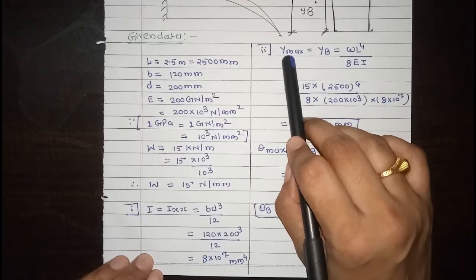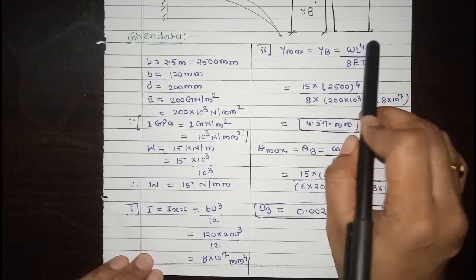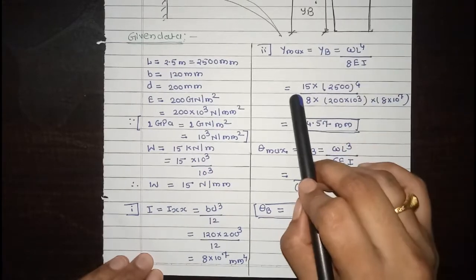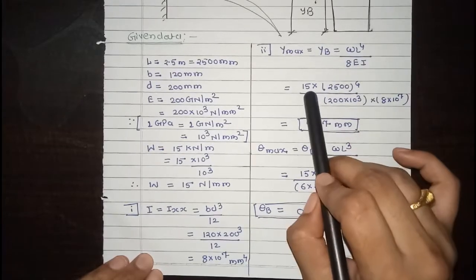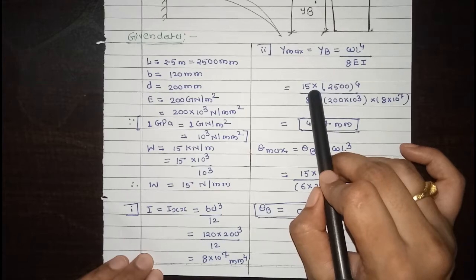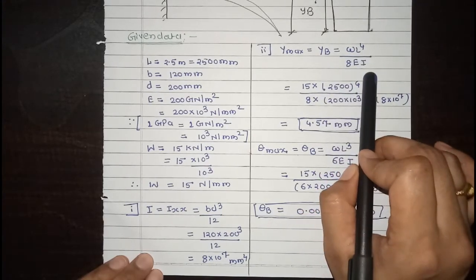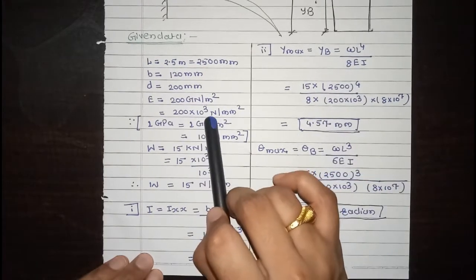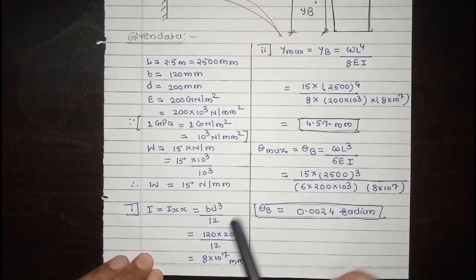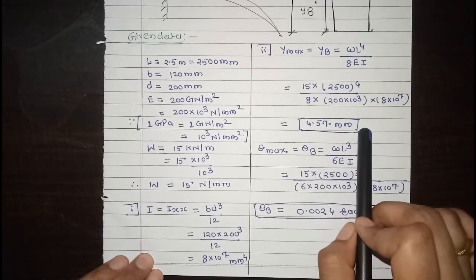What is the formula for maximum deflection for a cantilever beam with UDL? WL raised to 4 divided by 8EI. Put the values: W is 15, into L 2500 raised to 4, divided by 8 into E 200 into 10 cube, into I 8 into 10 to the power 7. Then we get 4.57 mm.